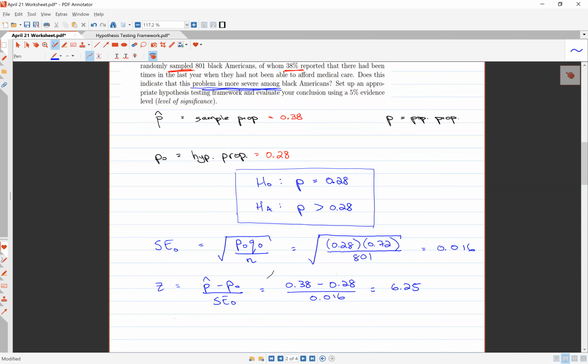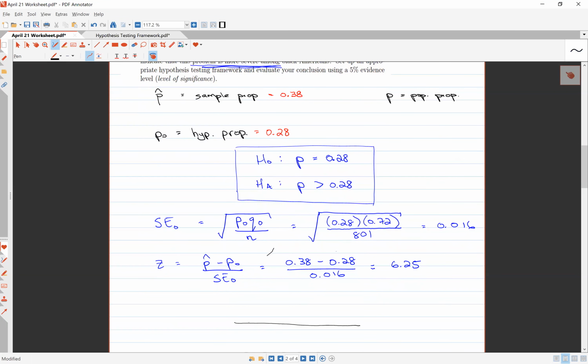Now, next thing we need is a p-value. P-value requires using the appropriate distribution, and because it's a z-score and because it's a proportion test, we're using the normal distribution as a reference.